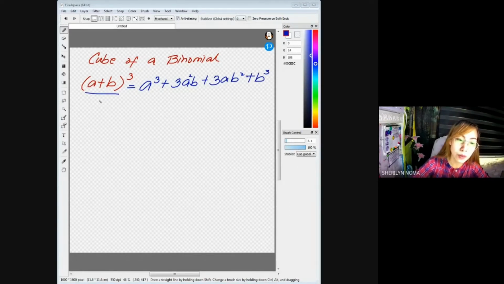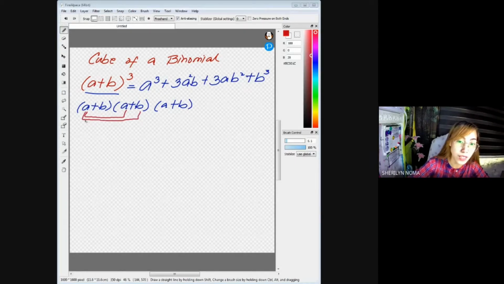So meaning to say, you will multiply this binomial 3 times by itself. Okay, so magiging ano po siya? A plus b times a plus b, 3 beses times a plus b. So, alam nyo naman yung FOIL method, di ba? Kapag ganyan ang ginawa nyo, using FOIL method, kapag sinolve nyo siya, you're going to distribute each term.